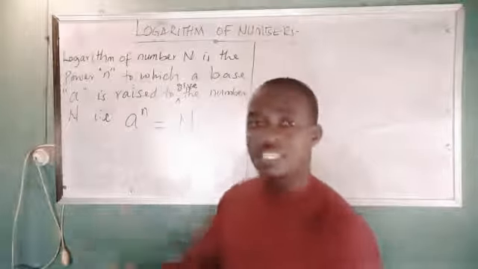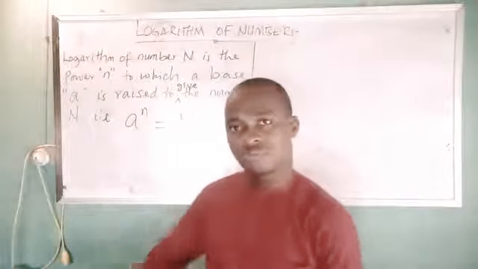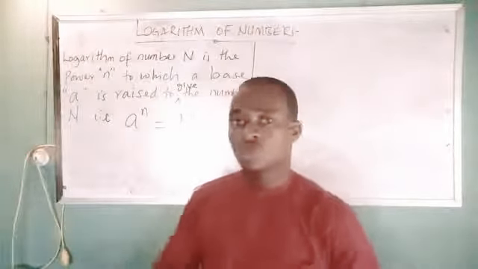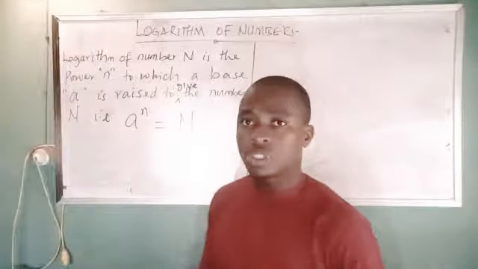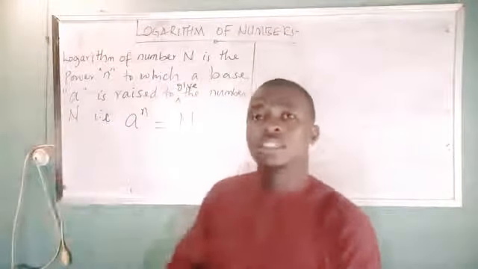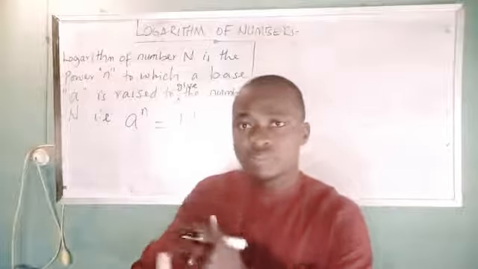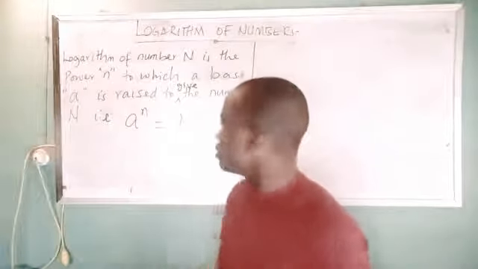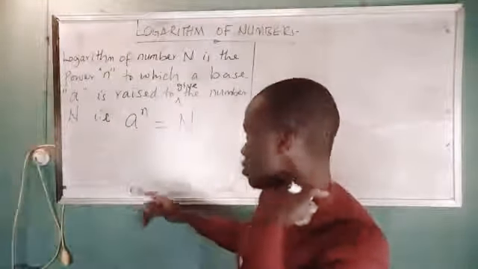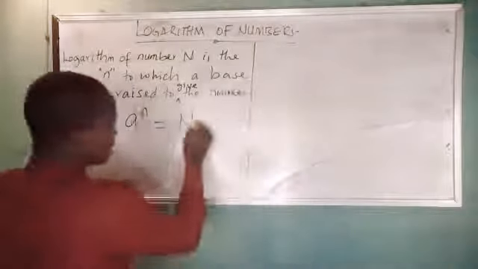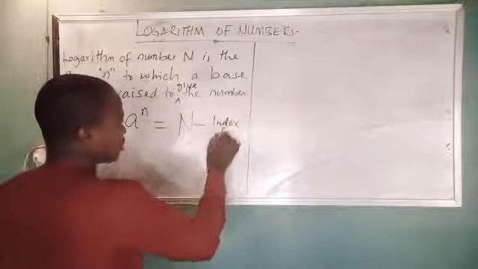So a can be any positive integer. That's what I'm trying to say. So this is the index form.